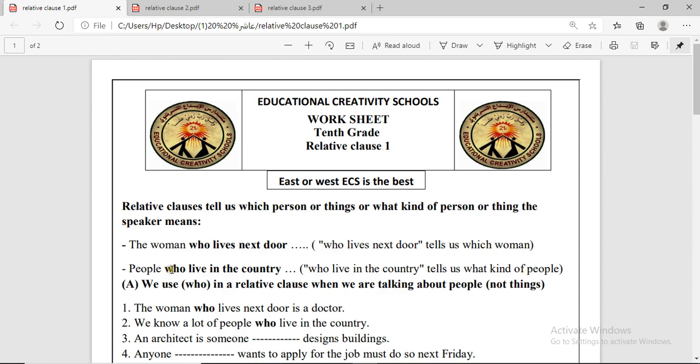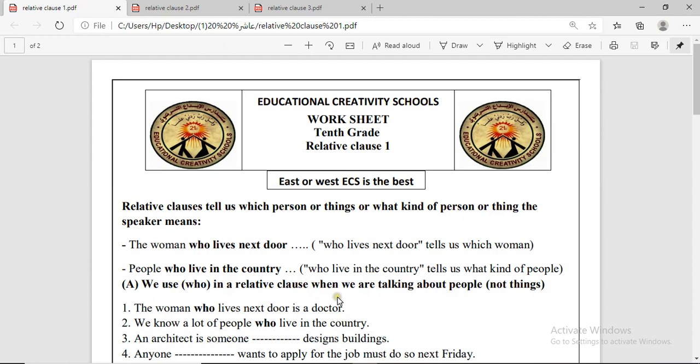And here, who is a relative pronoun, and who live in the country is a relative clause. Okay, the structure. A. We use who in a relative clause when we are talking about people, not things. When we are talking about people, لما بنحكي عن ناس عاقل, we use who.